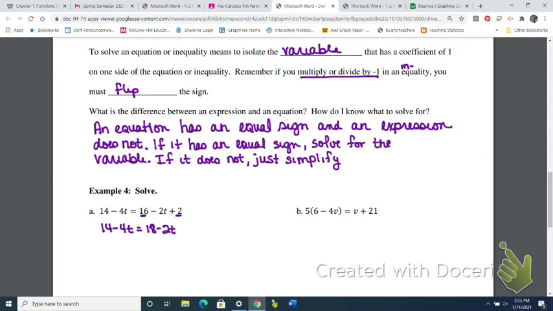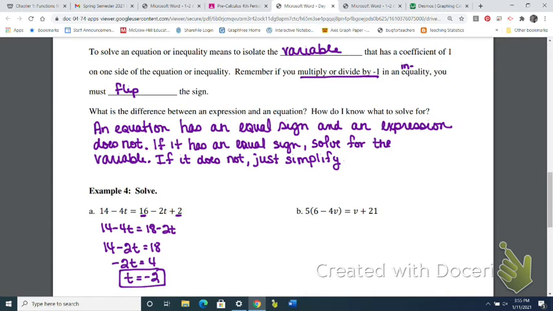Now I'm going to move numbers to one side and t's to another. So I'm going to add 2t to both sides. And subtract 14. And finally, I'm going to divide by negative 2. So I get t equals negative 2.